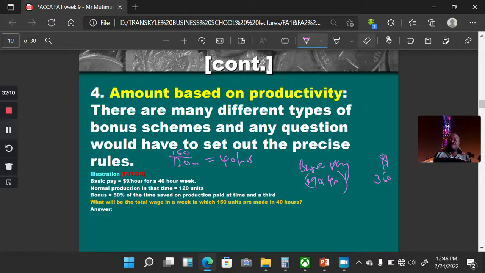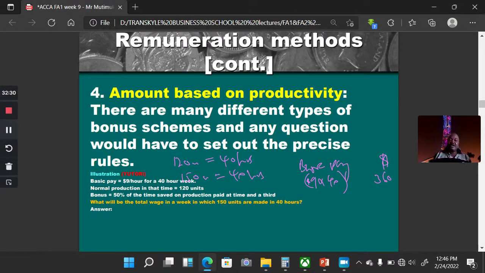150 units were produced in 40 hours. Okay, but was this supposed to be the case? What was supposed to be the case is that 150 units were supposed to have been produced in how many hours?